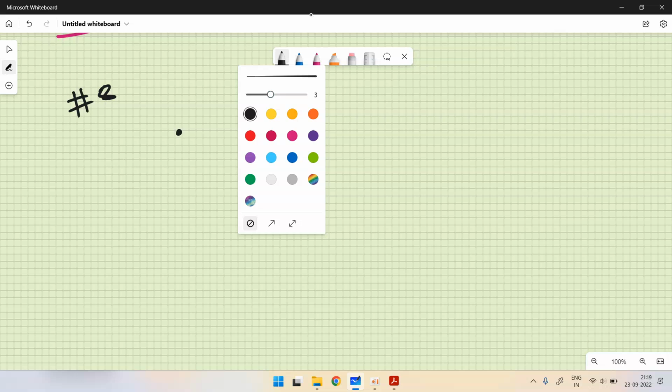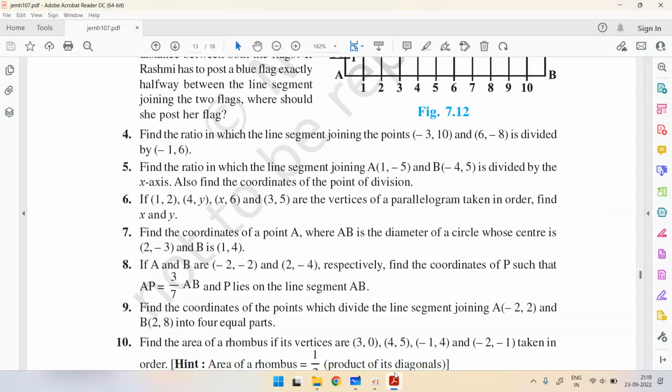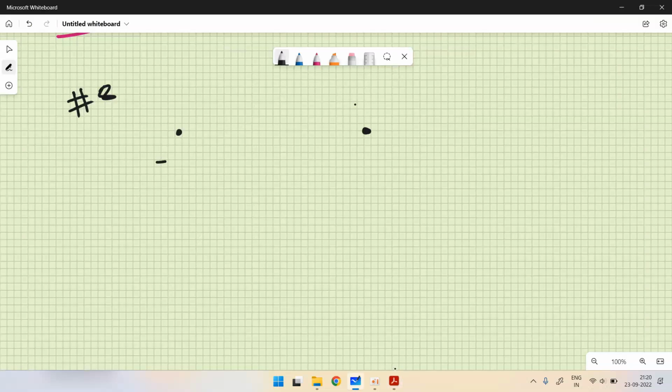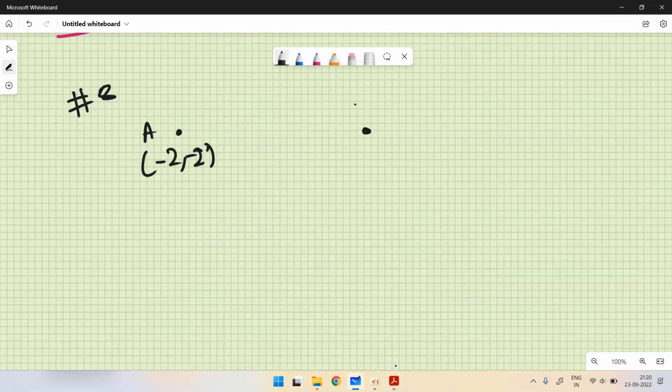So for the 8th question, this A is (-2, -2), and this is (2, -4), which is B, and there is one point on this.